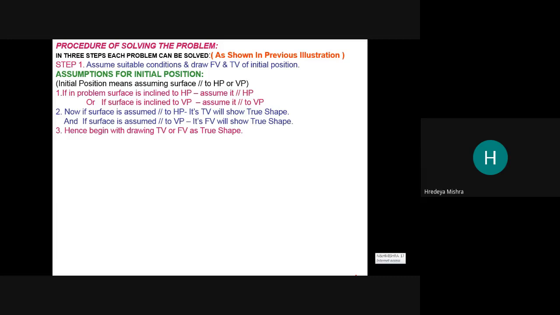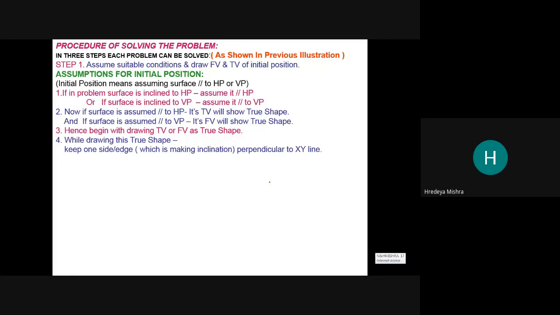So in this case, whatever the problem says, we discuss the cases. If inclination is from the horizontal plane, then we can assume the plane is parallel to the horizontal plane. If inclination is from the vertical plane, then we can assume the surface is parallel to the vertical plane. And if we assume parallelism with the reference plane, it means the top view or front view is a true shape. So we begin the drawing with the true shape.